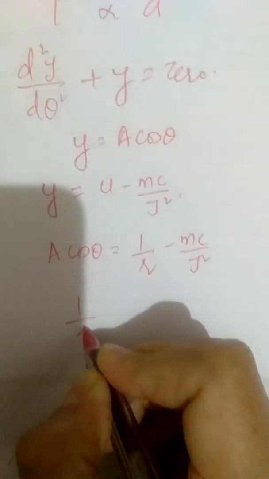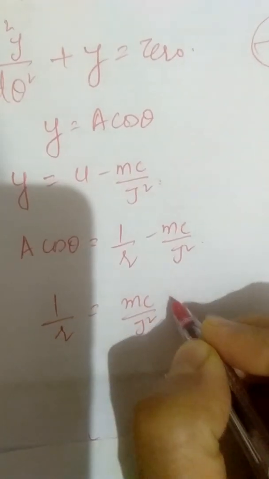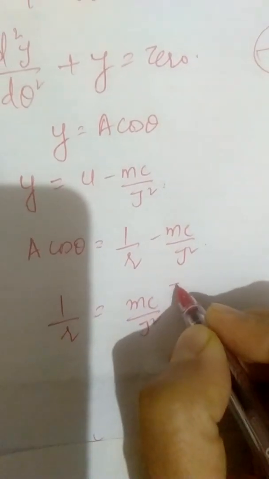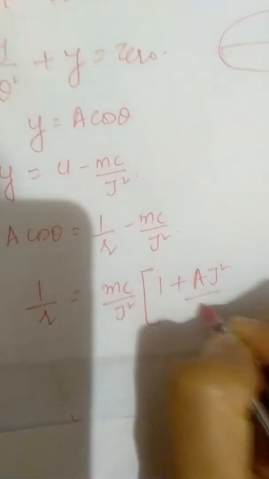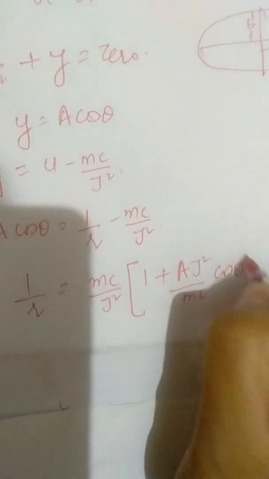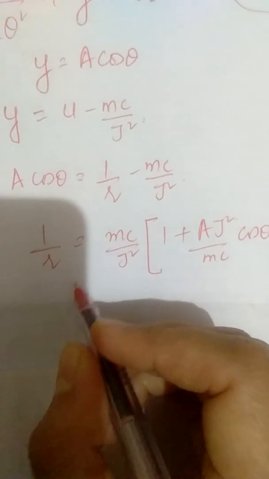So this 1/r was how much? mc/j², then it was taken common, plus aj²/mc cos θ. I don't need to do it in detail, you have already done it in the previous video. Then we had recognized this equation with the equation of conics.